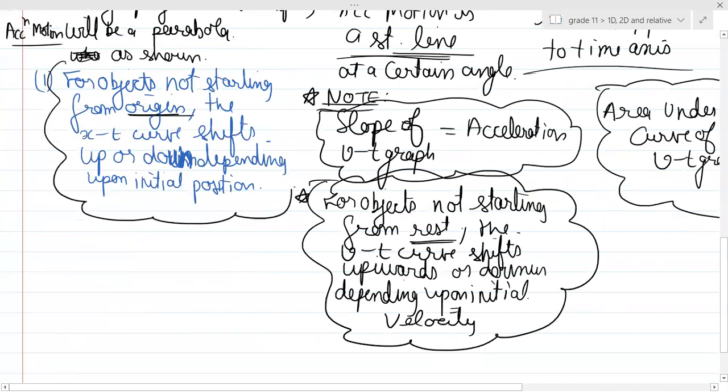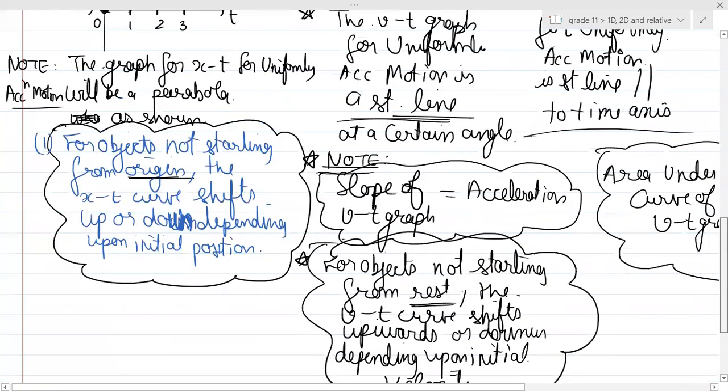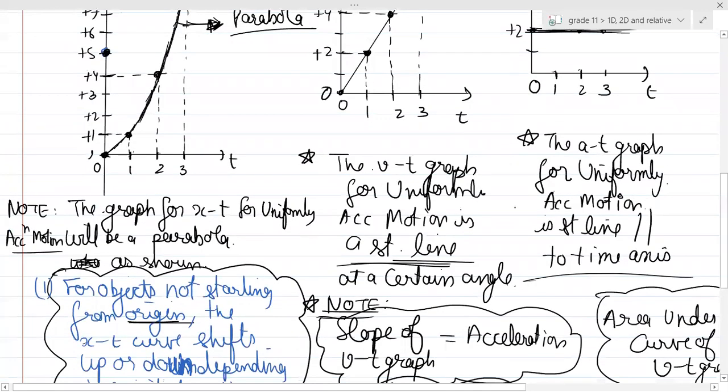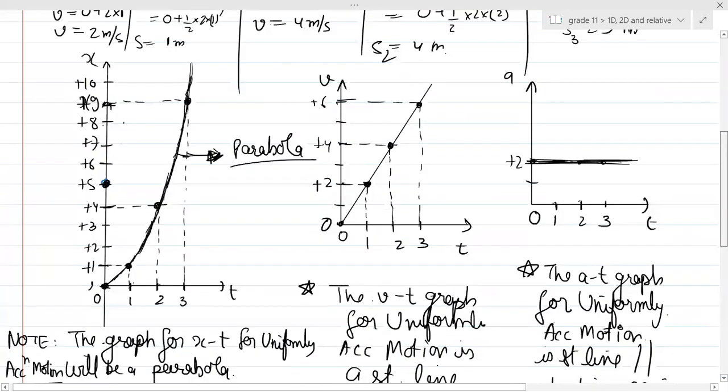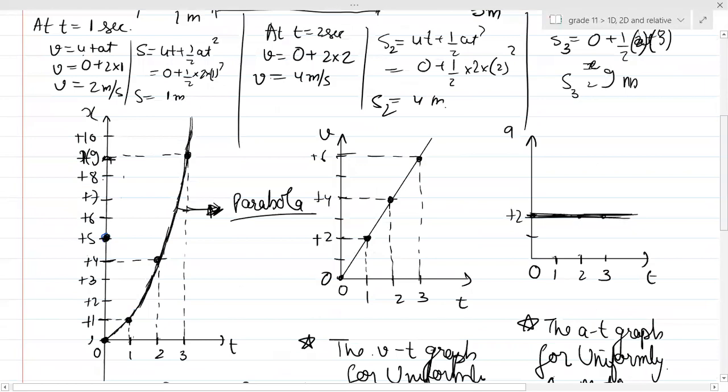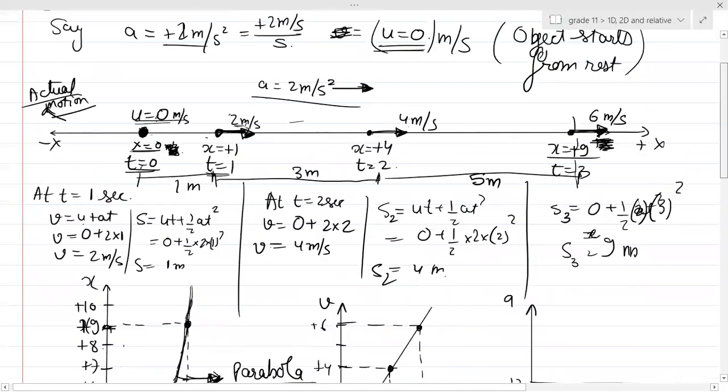This thing is also common for every graph. Can you say these notes are basically common? So in the next graph, I'll just draw the graph, that's it, and draw the actual motion. I'll draw the graphs.